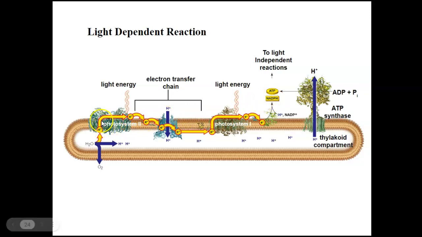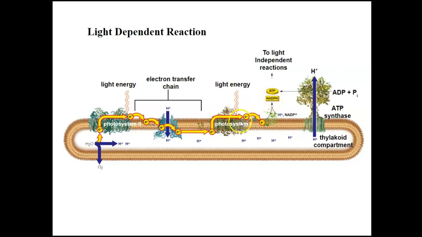But when you're generating these molecules in the non-cyclic pathway, you're getting a 1-to-1 ratio. What that means is you are going to run out of ATP in the Calvin-Benson cycle unless you have a way to produce more so that you can have the right proportions of ATP to NADPH.